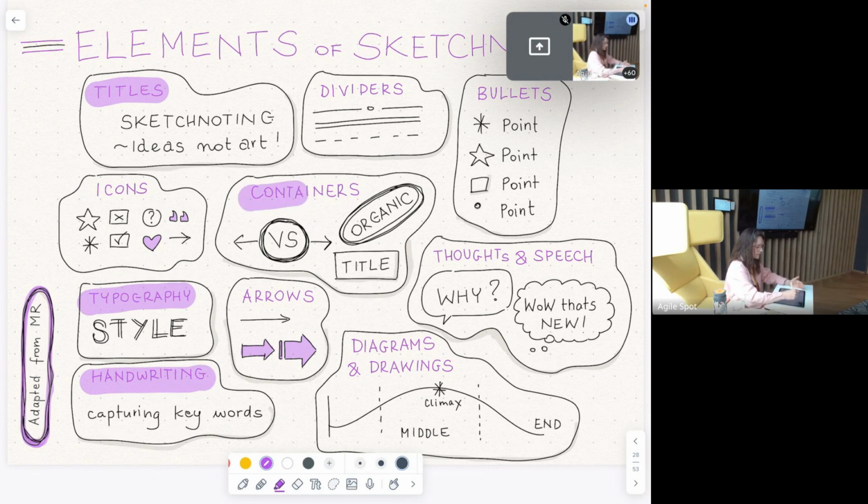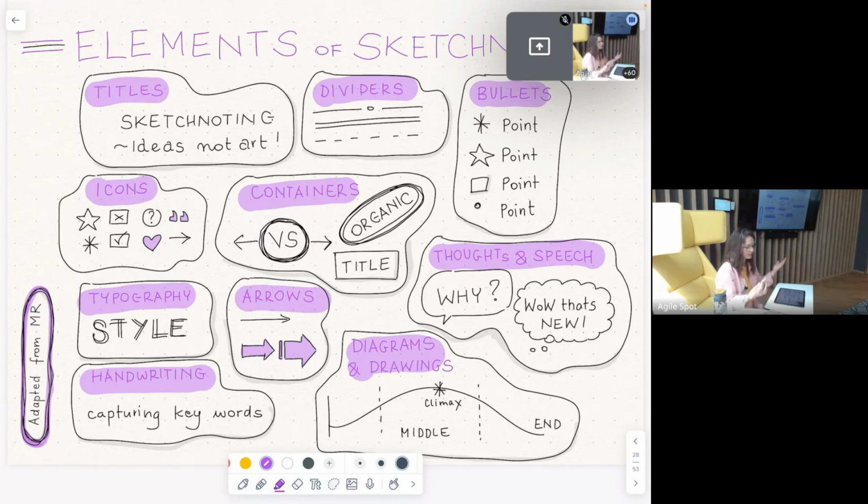You can contain stuff, like here, all those elements in squiggly lines, or you can just divide sections of a page with a line to mark, oh, this is a new thing here. Bullets, and any icon can suddenly turn into a bullet point. Thoughts or speech can use speech balloons, diagrams, drawings, and arrows, and icons can also be adapted independently.